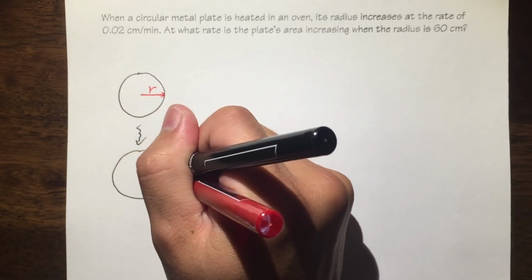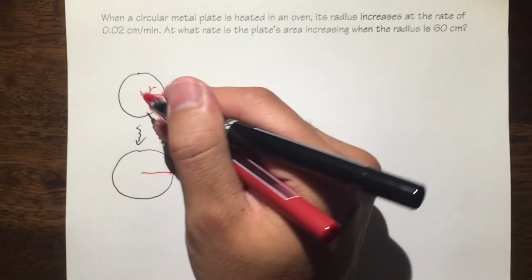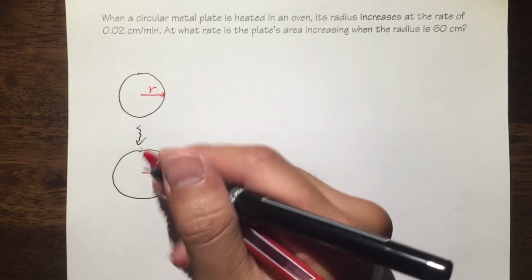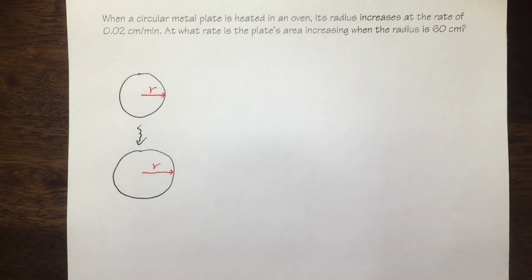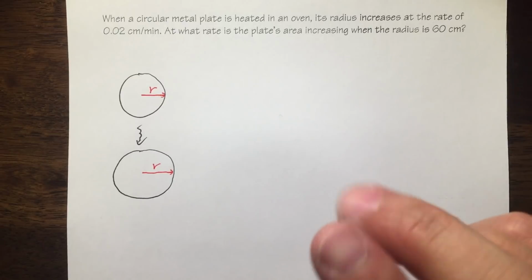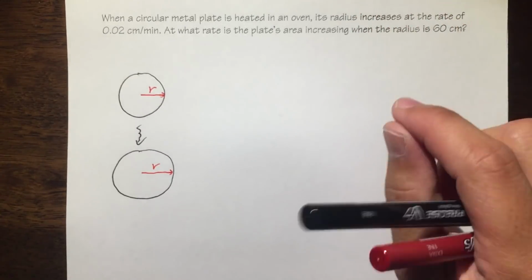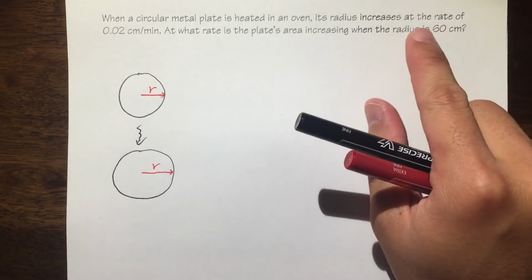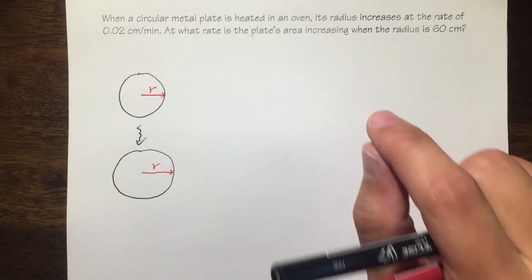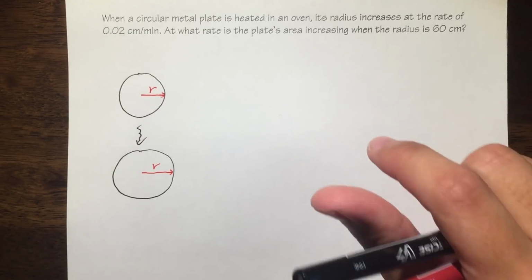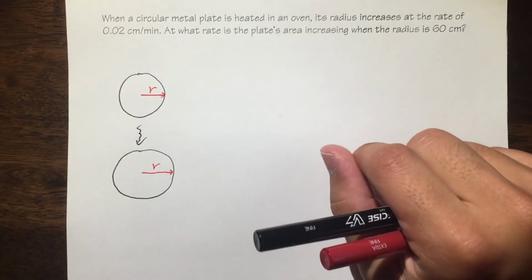Not only is the area getting bigger, but also the radius is getting longer. So be sure you know that we have two things that are changing in this question, namely the radius and also the area. The radius and the area are both functions of time in this situation.